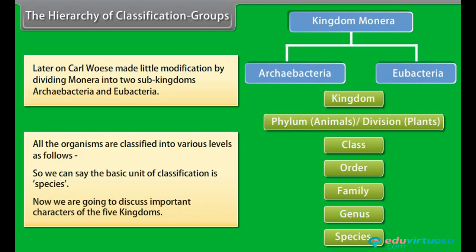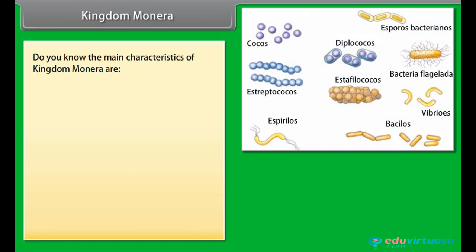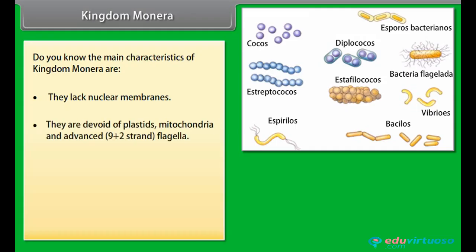Now we are going to discuss important characters of the five kingdoms. Kingdom Monera. The main characteristics of Kingdom Monera are that they lack nuclear membranes, and they are devoid of plastids, mitochondria, and advanced 9+2 strand flagella.